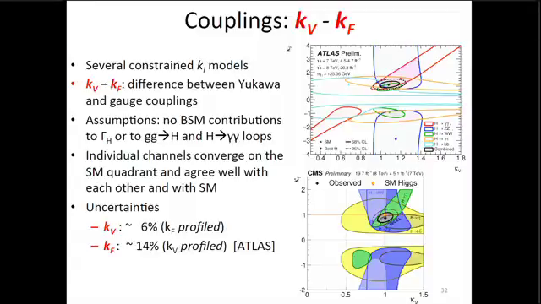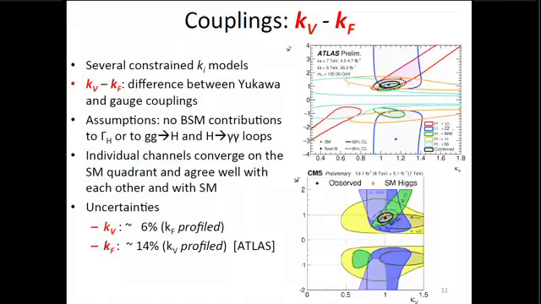And assuming that there are no beyond the standard model contributions to the width and to the loops, you can get these exclusion limits, where you have limits from all the different processes, and this ellipse is the combined limit from ATLAS here and from CMS here.